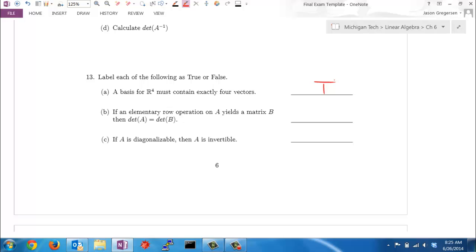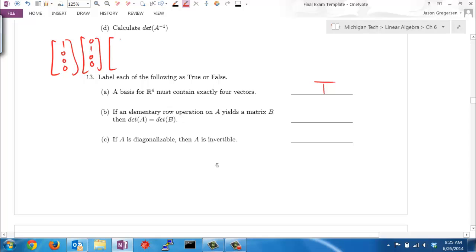One way to think about that is to just look at the standard basis. A standard basis looks like this: 0, 1, 0, 0. It's the easiest basis to come up with. It's easy to see that it spans the set, because if I have any other vector in R4, I can take a number times this one plus a number times this one, and so on, to get to any vector in R4.